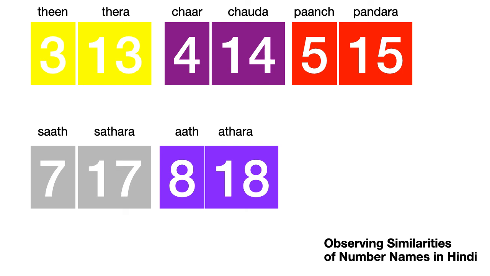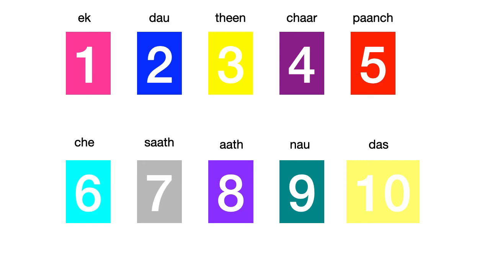So I had a clue that somehow this number is related to the number 8. Maybe it means 28 or 38 or 18. I didn't know until I looked it up. Recognizing those types of patterns and being observant and paying attention when you learn a language can be extremely powerful. So let's go over all of these numbers again.